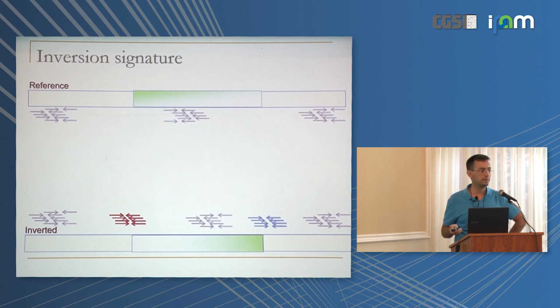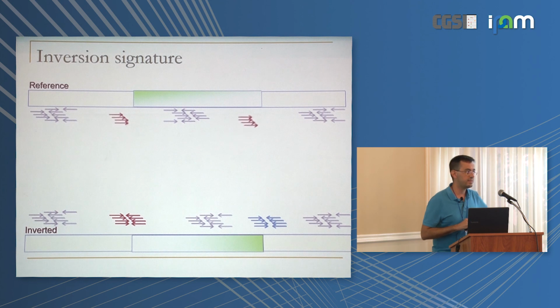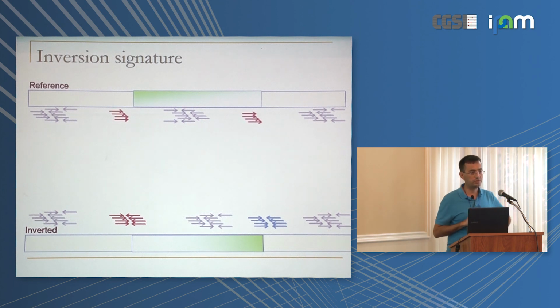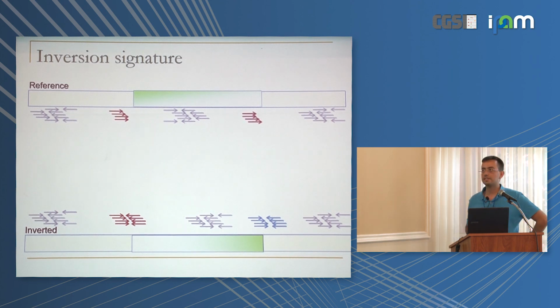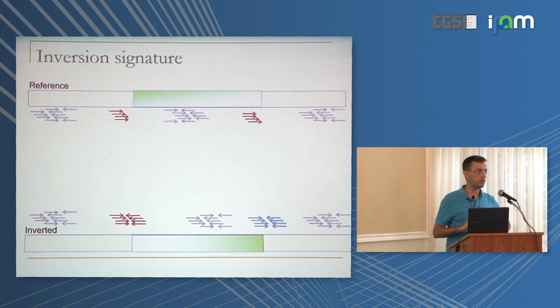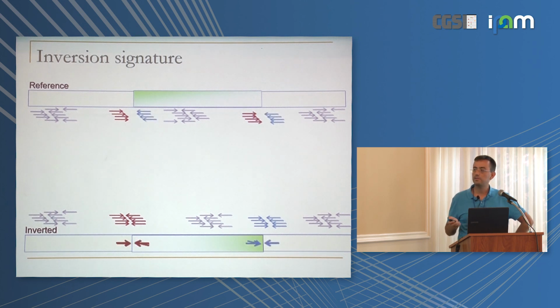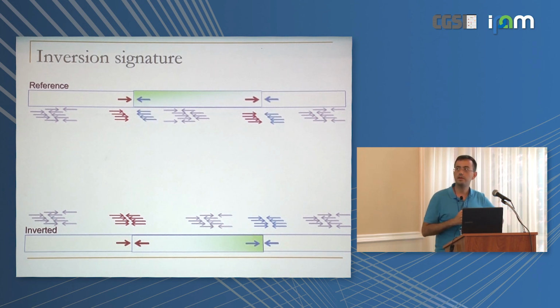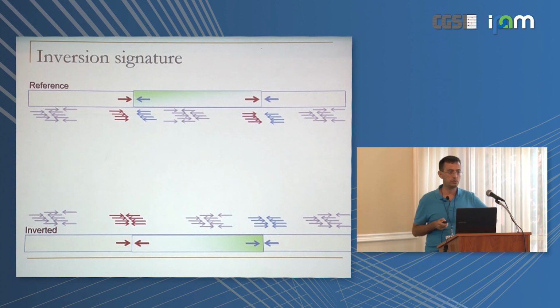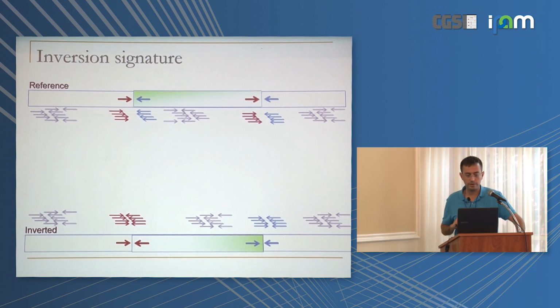When you look at the mapping, you're not going to see a change in the orientation. But those spanning the breakpoints are going to be split. So this will be similar to split read analysis, but in this case we are dealing with larger molecules. And we are going to look at the full mapping of those read pairs. This will also be split, and this will also be additional read pair information. So that signature is going to be for the typical read pair.